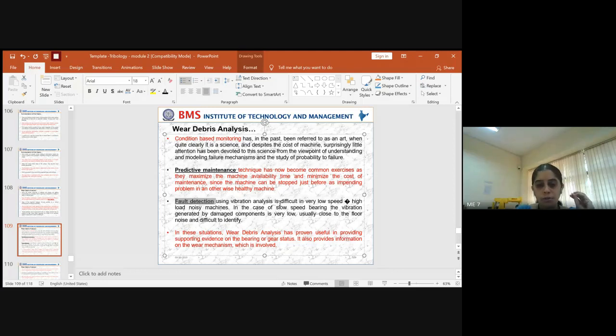This type of vibration analysis we usually don't use for very low speeds, but we usually go for the components which yield noise. Whenever there is too much noise, that shows that the component is not able to bear the load, or the clamping between the two components is not good enough. So it results in the formation of noise or vibrations. So this could be overcome.